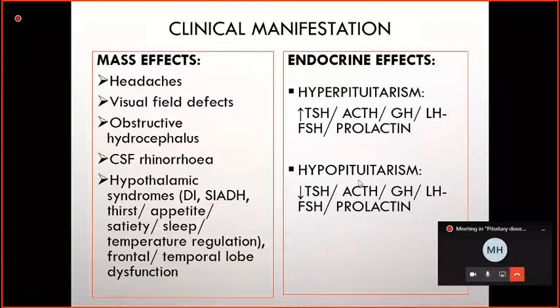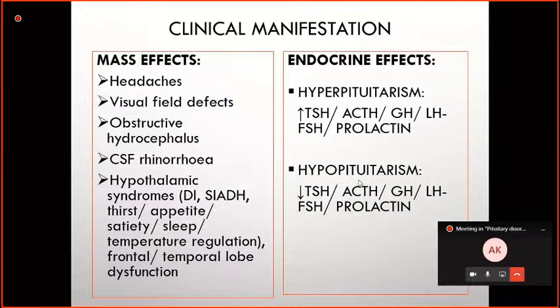What about blurry vision? Okay. How can you have blurring of vision?